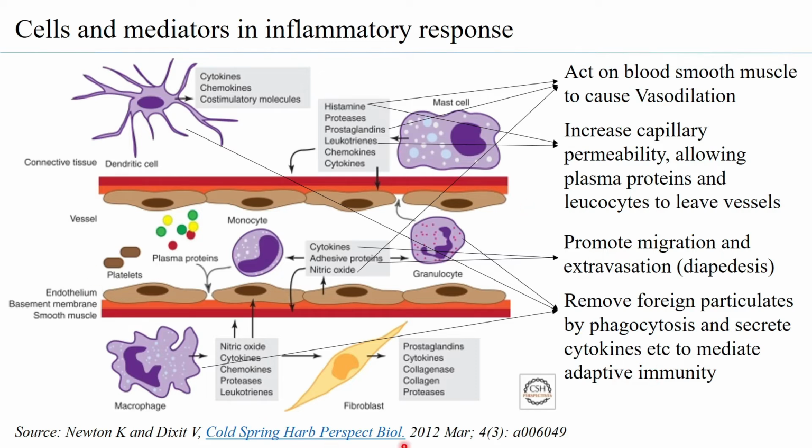So all in all put together, these are cells which are either professional phagocytes or non-professional phagocytes, but they together, along with a lot of proteins and a lot of signals, are able to carry out an inflammatory response.